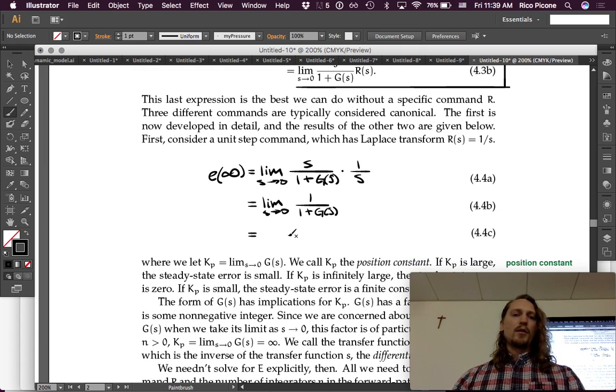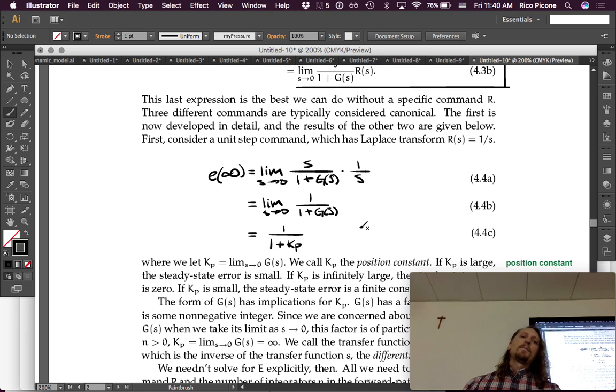And this equals 1 over 1 plus kp, where we let kp equal the limit as s goes to 0 of g of s, right? So if you take the limit as s goes to 0 of the numerator 1, that just gives us 1.